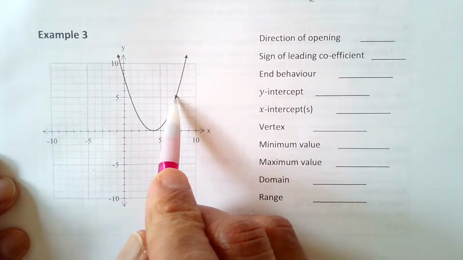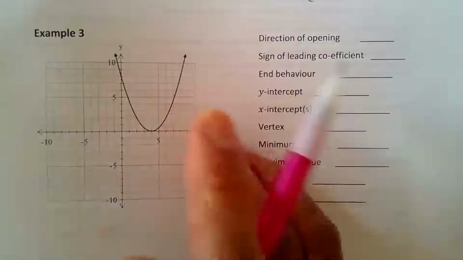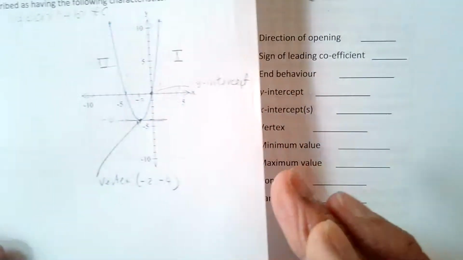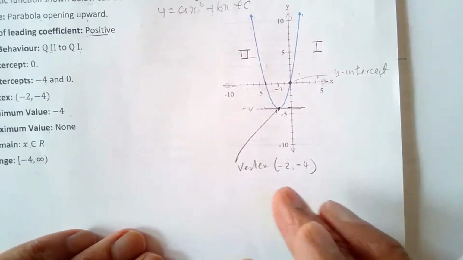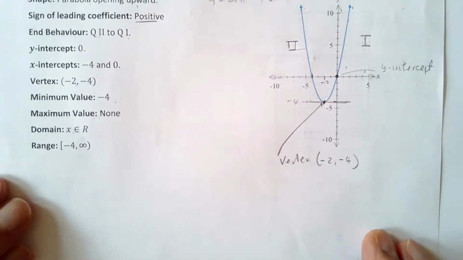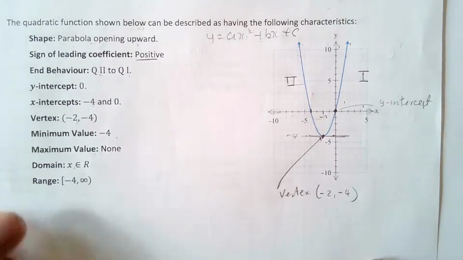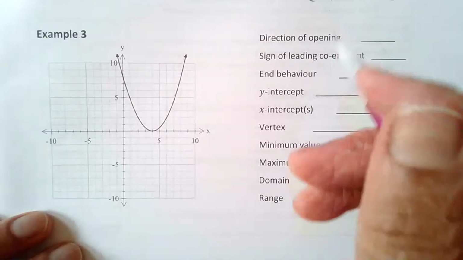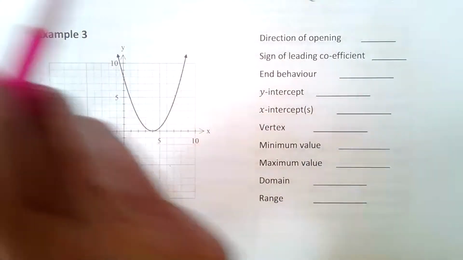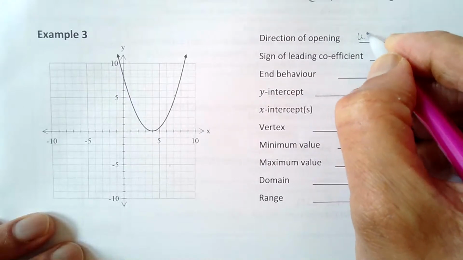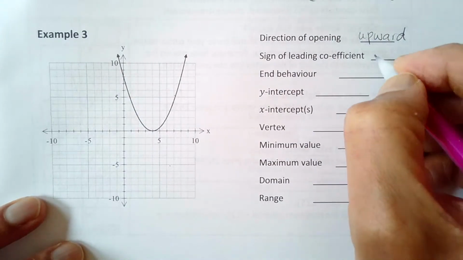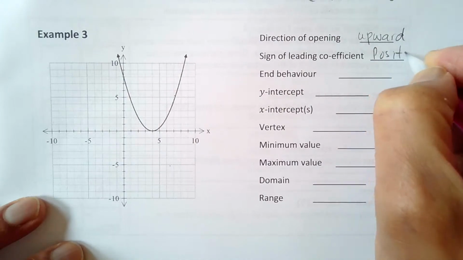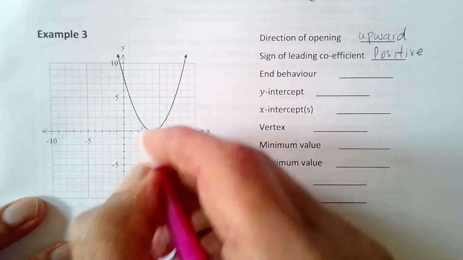Now here we have one going up, and it's very similar to the first example we did. So you can use this as a model. So direction, we know it's going up. The parabola is going upward. The sign of a leading coefficient is positive. We know that because it's going up.